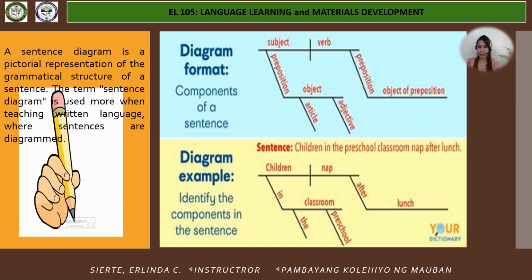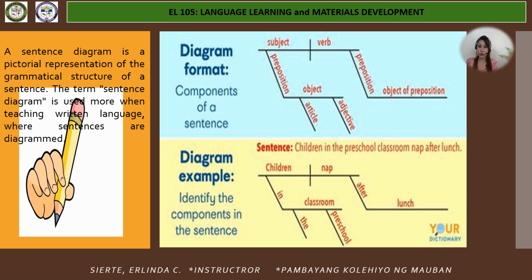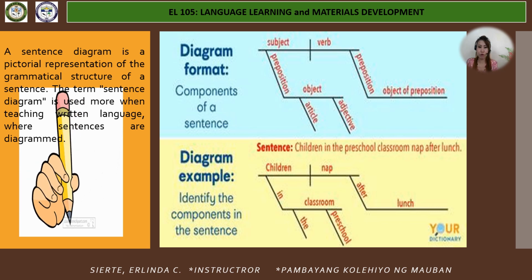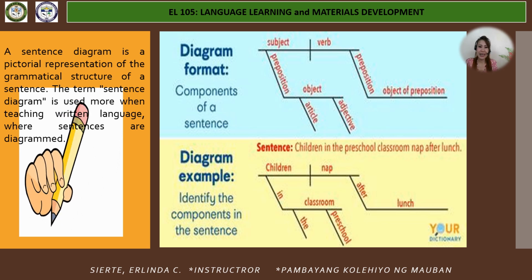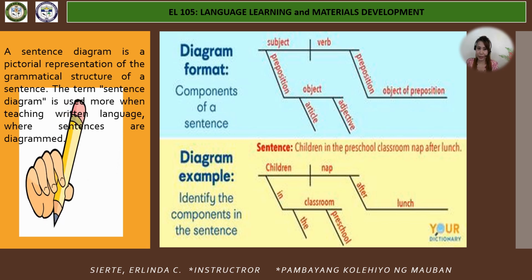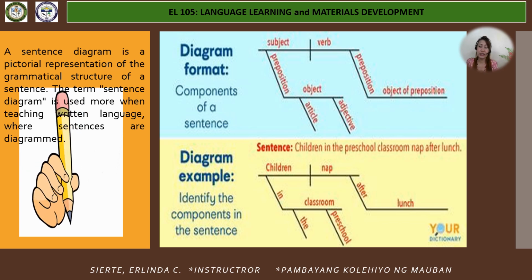A sentence diagram is a pictorial representation of the grammatical structure of a sentence. The term sentence diagram is used more when teaching written language, where sentences are diagrammed.